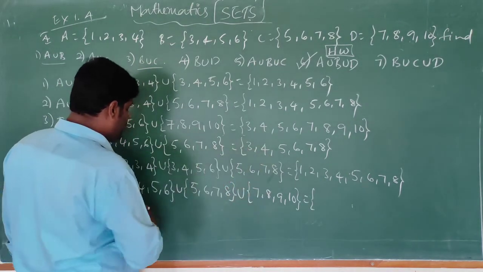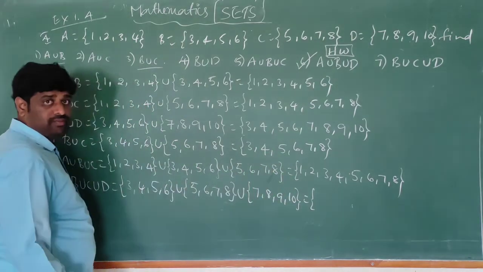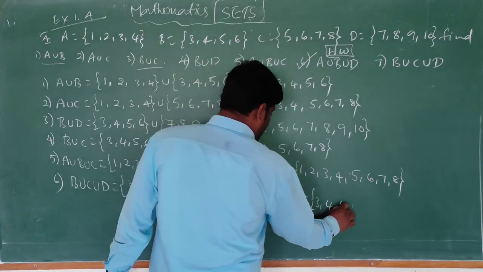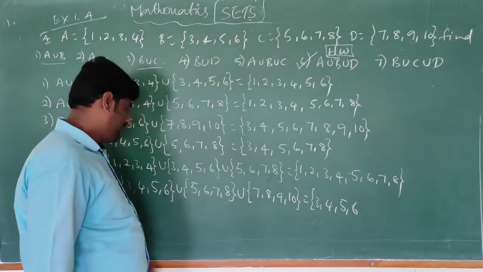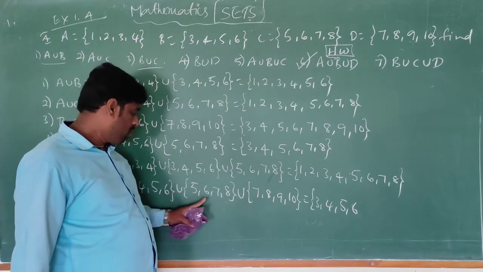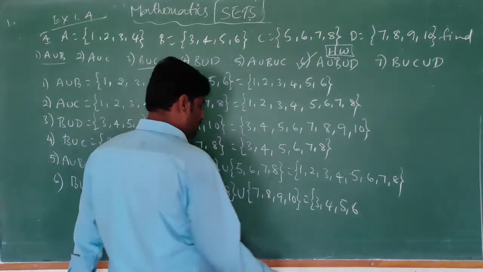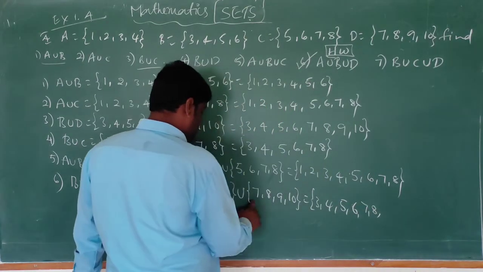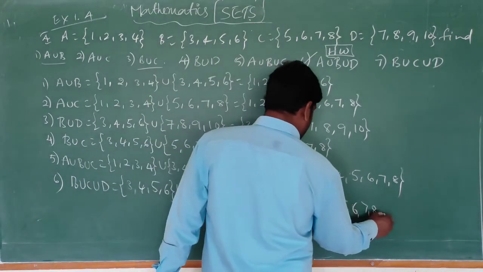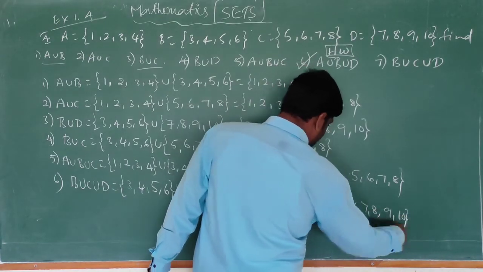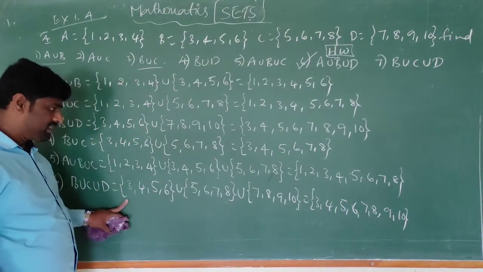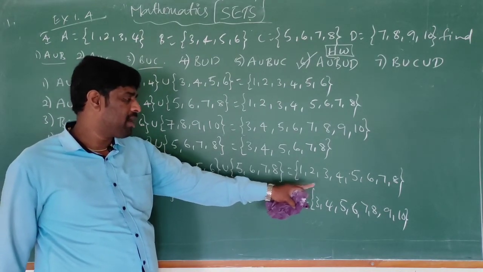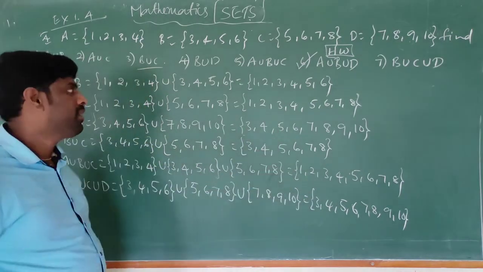So that is 3, 4, 5, 6. 5, 6 is repeating. Already I wrote 7, 8, 7, 8 also repeating. I wrote already 9, 10. Union of these three sets is 3, 4, 5, 6, 7, 8, 9, 10.